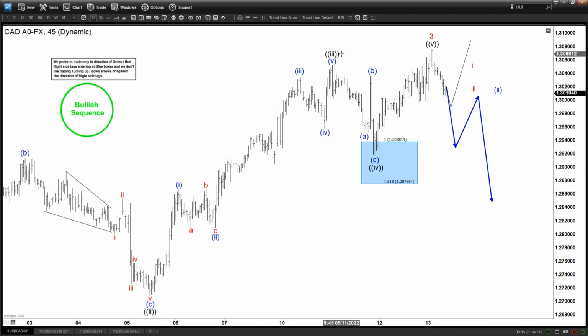So then you're just doing ABC or WXY, a bigger pullback, before ending wave 4, and then go higher again from there.